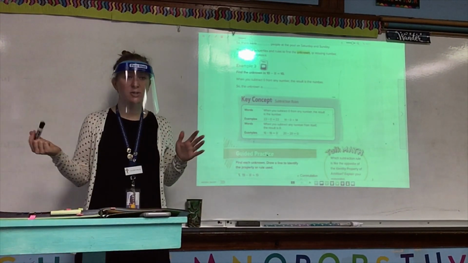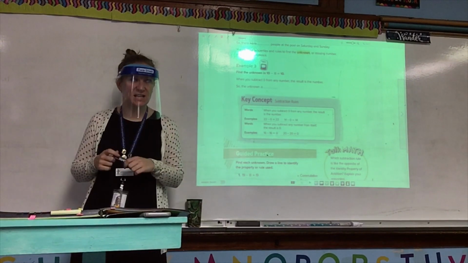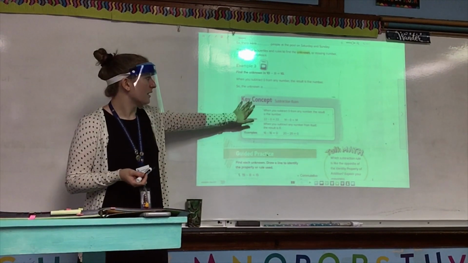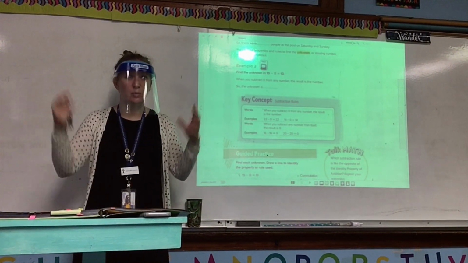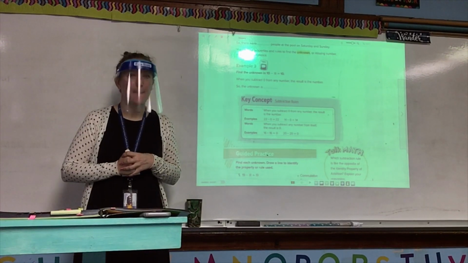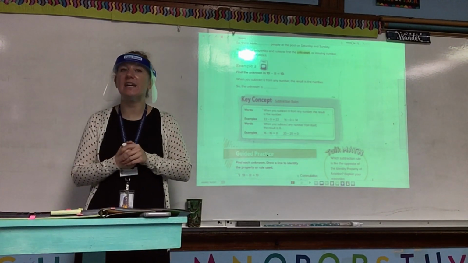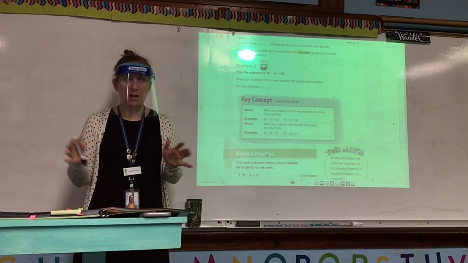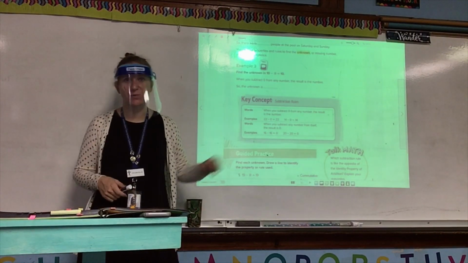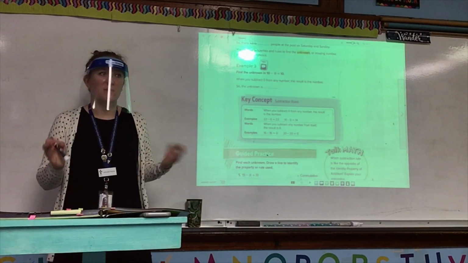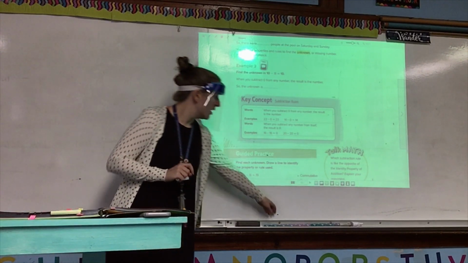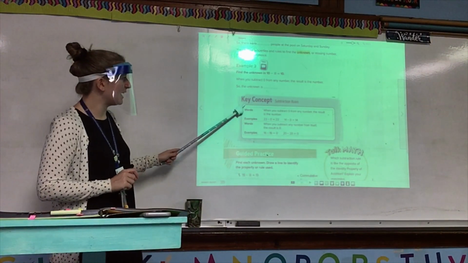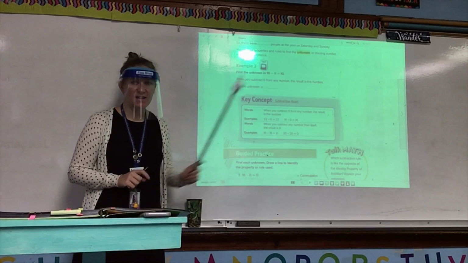Okay, so before we do example 3, let's look at the key concept box. Remember, key concept box means to memorize it. If you see a key concept box, memorize it, always. Memorize what it says, memorize what it's telling you, memorize the examples. So, this key concept box is about the subtraction rules.